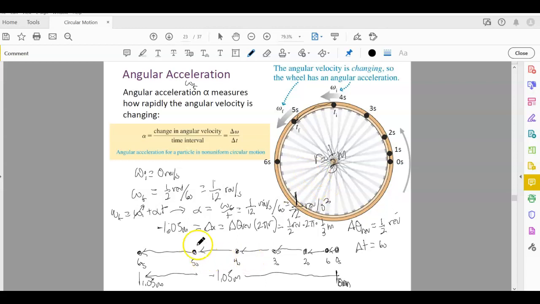We could also get its final velocity. What is the linear final velocity? Well, that would be 1/12 revolutions times 2 pi r. And we could actually get its linear acceleration from that too, which is the angular acceleration times 2 pi r.